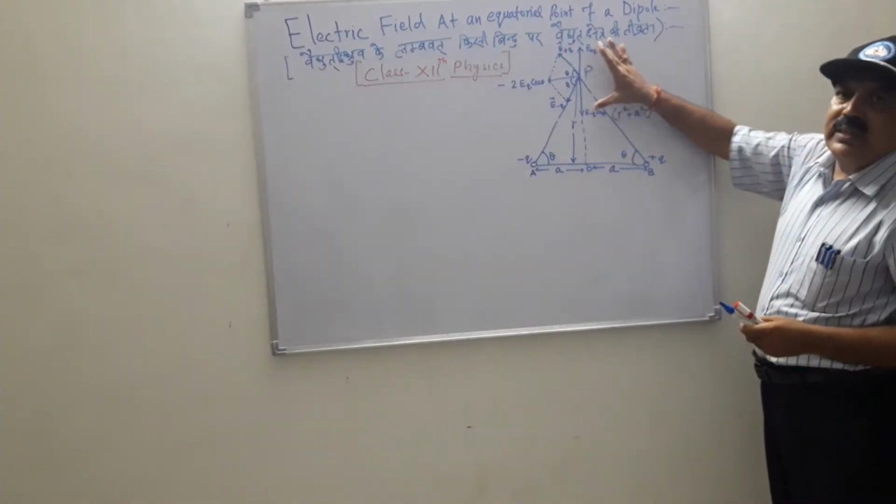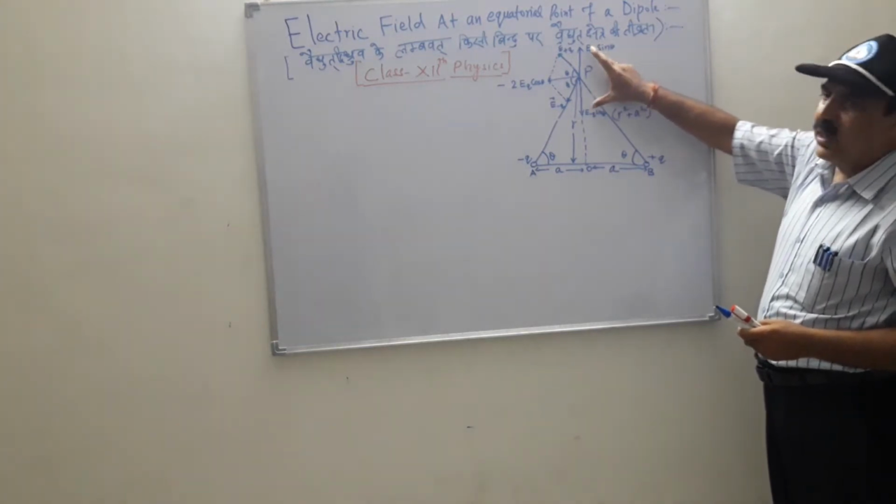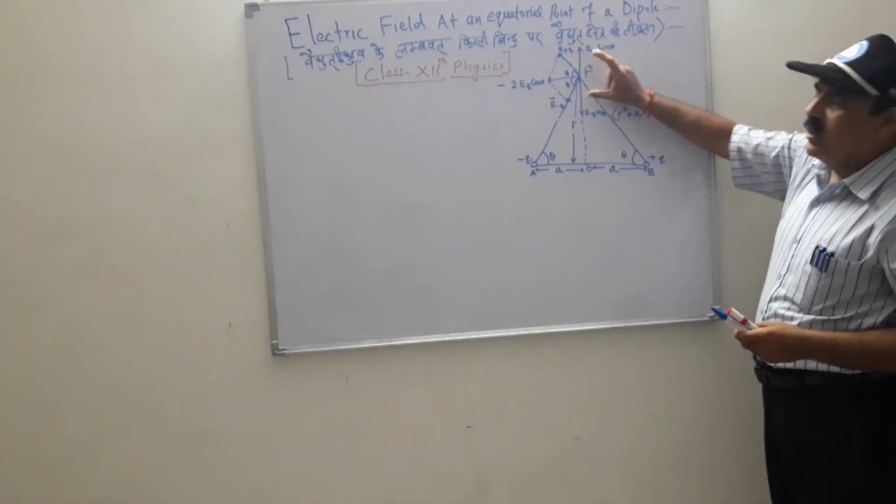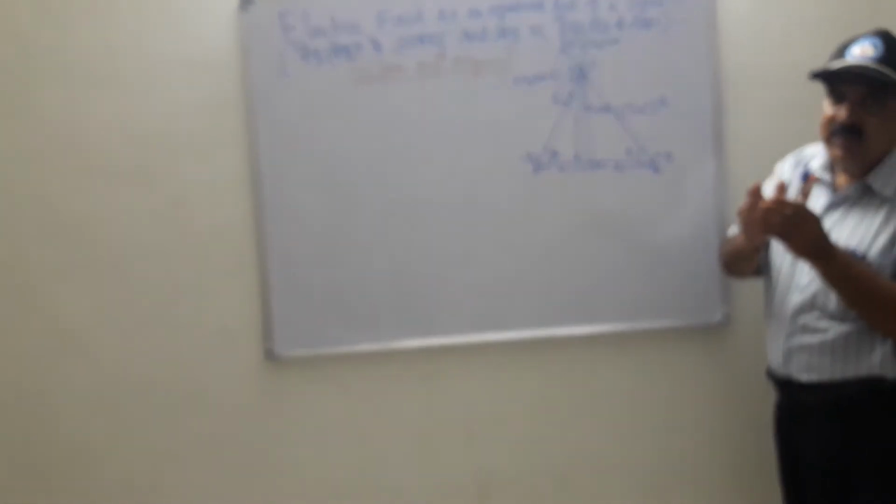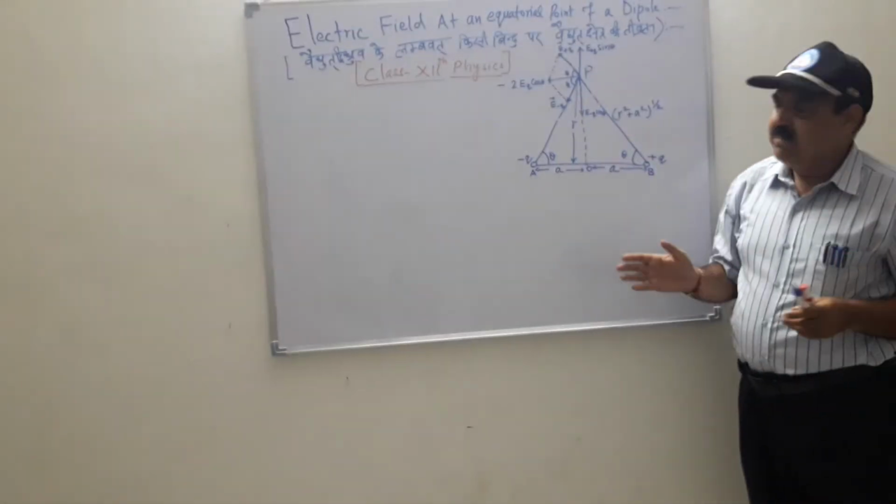These will cancel each other, meaning the total net effect is zero. The vertical components cancel each other.